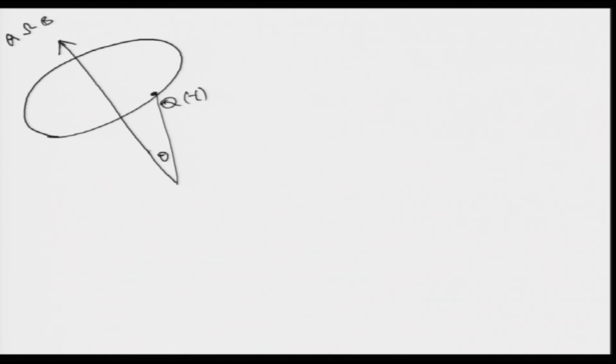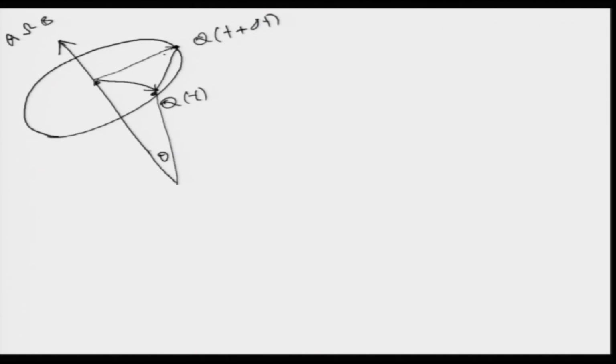We have the radius here. After some small time del t, this point will go here. This is an exaggeration, but it is a very small movement. So Q at t plus del t is there.